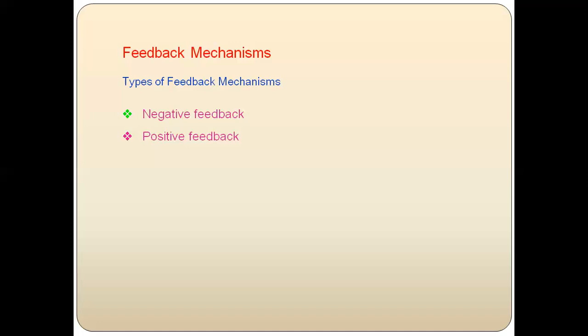You have studied about the oxytocin hormone. What is the function of the oxytocin hormone? It increases the ejection of milk. So you can understand this positive feedback with the help of one example.